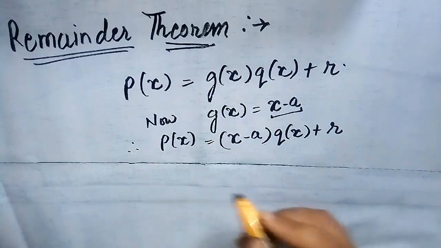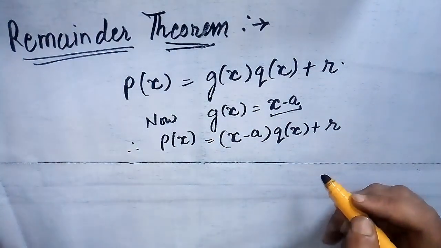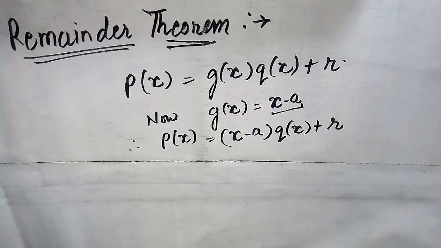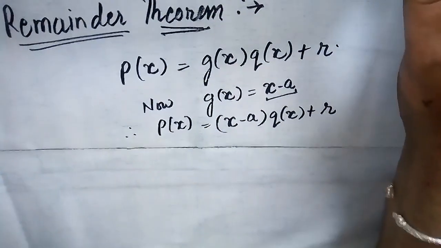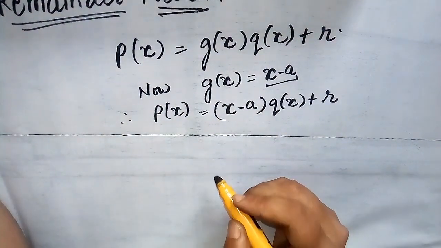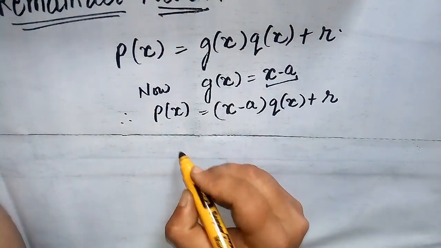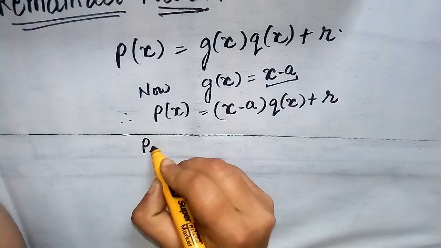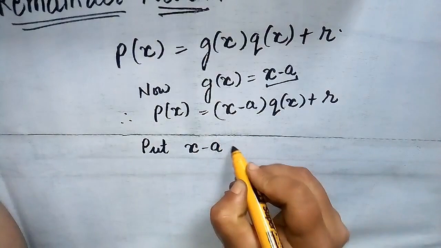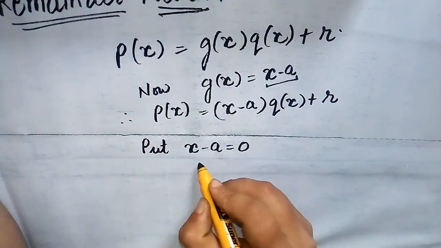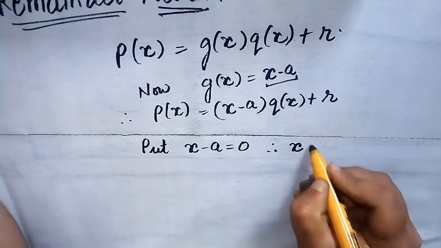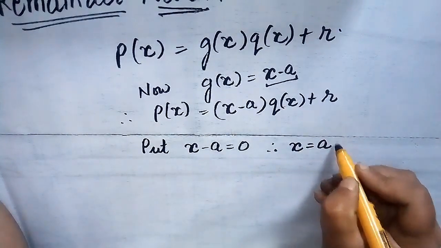Now what you have to do, see your g(x) again and put g(x) equals 0. g(x) is x minus a, so x minus a equals 0, and therefore x will be equal to a.